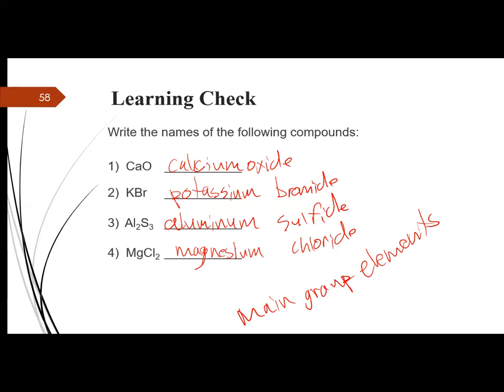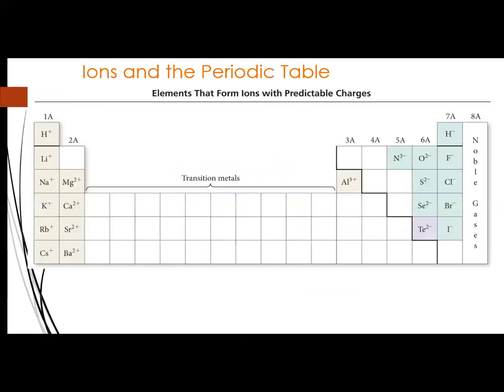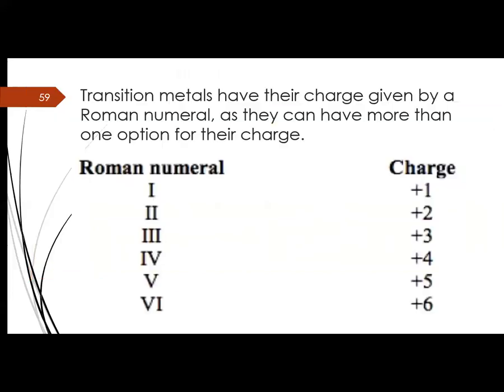So when we looked at the periodic table for our main group elements, we could get an idea about what charges they had, because this first column, our alkali metals, is all +1. Our alkali earth is generally all +2. Our aluminum metals are +3. Right? But for these other ones, our transition metals and what we call our post-transition metals here, basically the metals coming after the transition metal grouping, they follow a different set because they can have more than one charge.